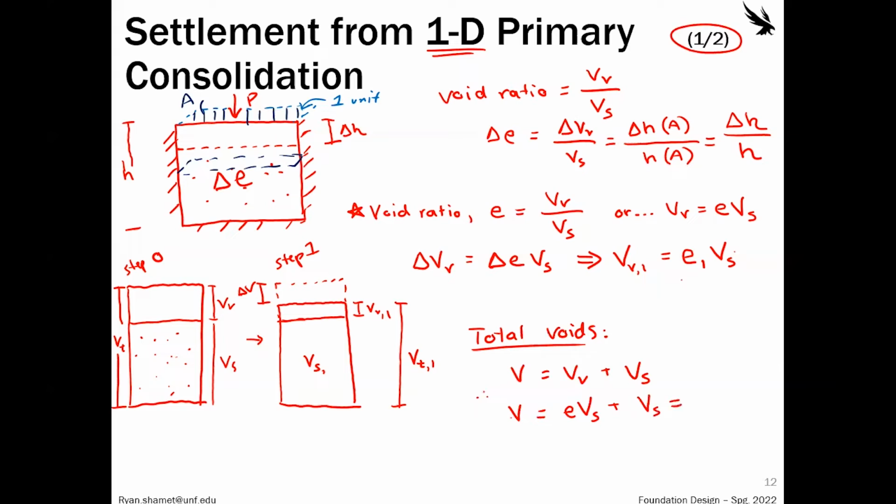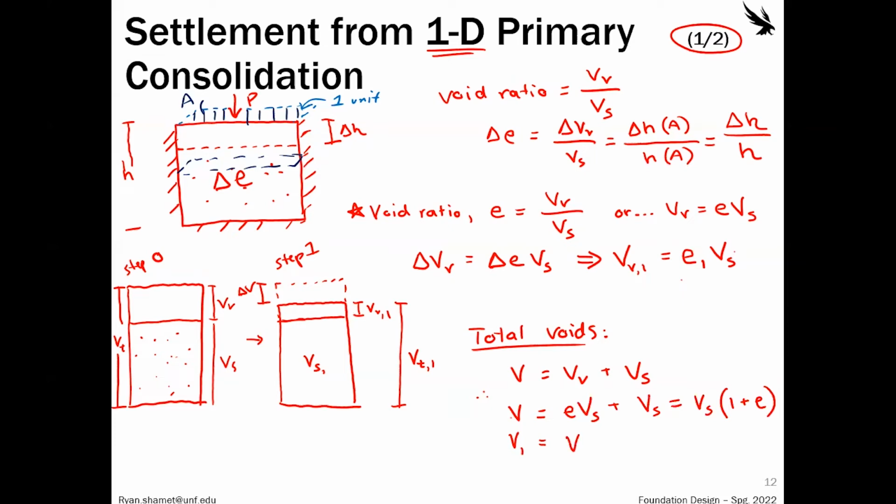And this is equal to Vs times 1 plus e, right? All we're doing is factoring out the Vs. So we'll have e plus 1 times the quantity Vs. And that's for the first time step. We could do this for the second time step, and it'd be the same equation.